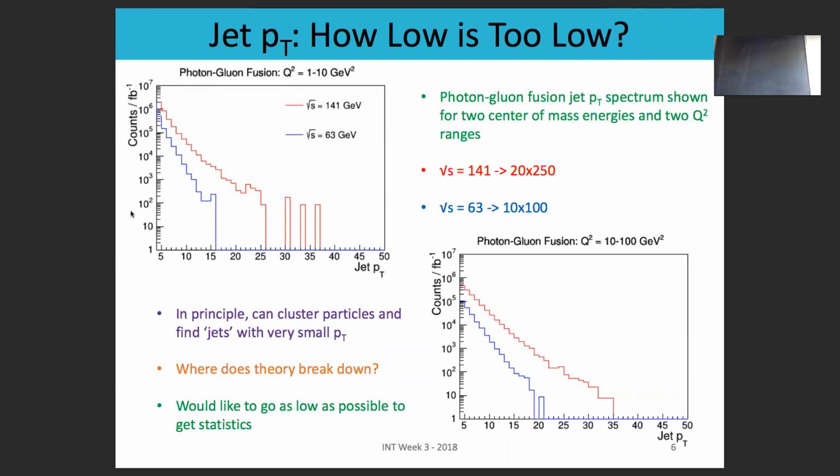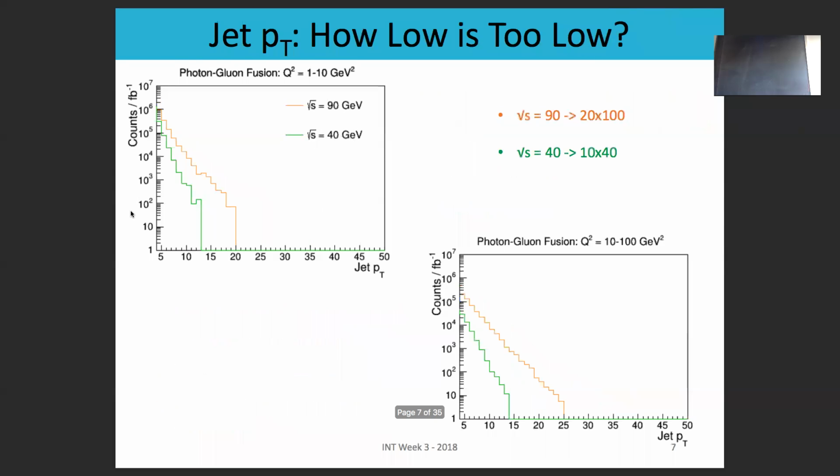And it gets worse if you go to lower root S's. These are the max energies for an EIC and a J-like. If we talk about now going to eA, where the hadron energy is lower, again, now we're really hit.